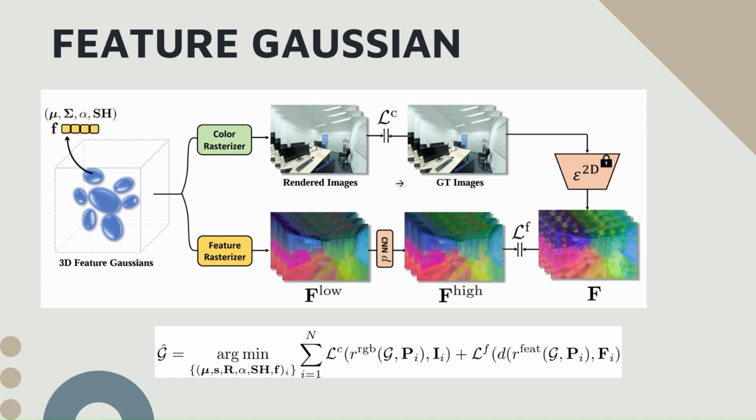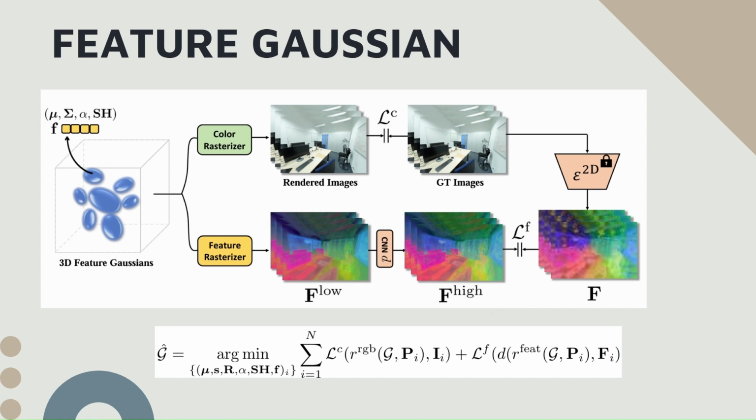Second is feature rasterization. Instead of colors, we blend each Gaussian's latent vectors f along rays to produce a low-dimensional feature map F_low. The decoder, a compact CNN, up-projects F_low into a high-dimensional feature prediction F_high, mirroring the output space of our 2D backbone.